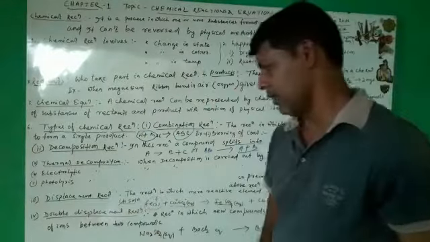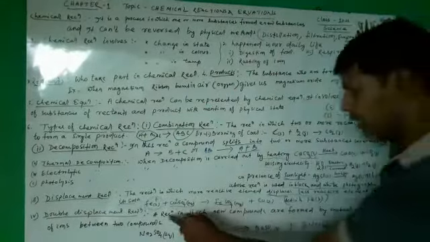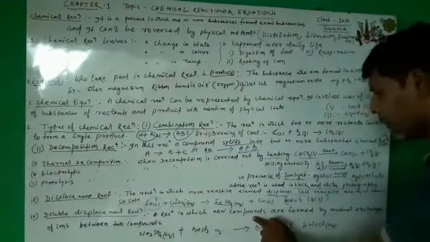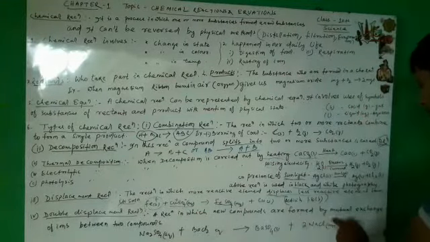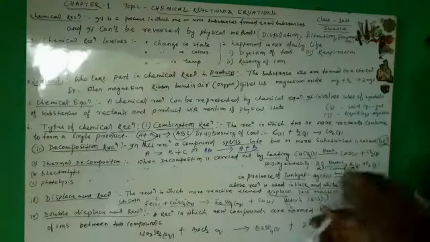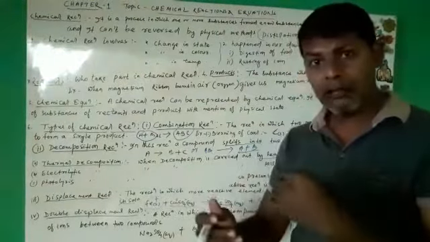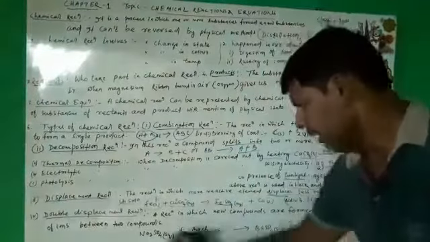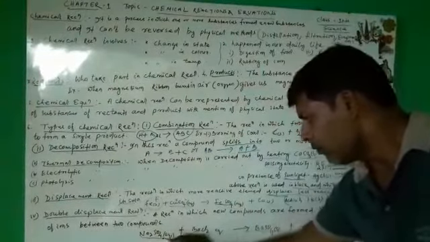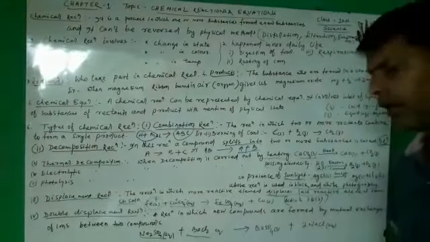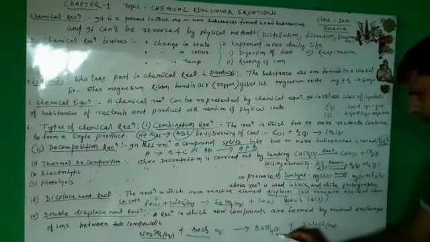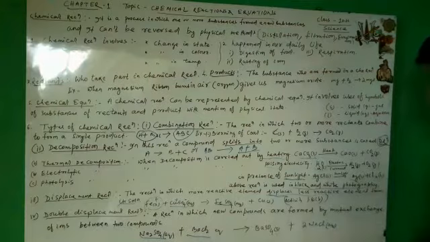And double displacement reactions: a reaction in which new compounds are formed by mutual exchange of ions between two compounds. Example: Na2SO4, sodium sulfate, with barium chloride gives us barium sulfate plus sodium chloride.